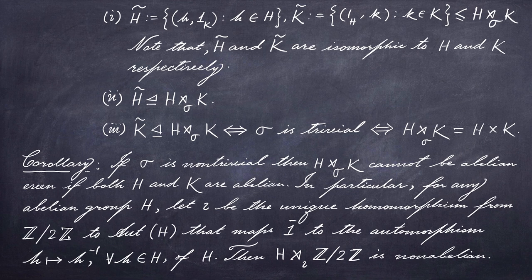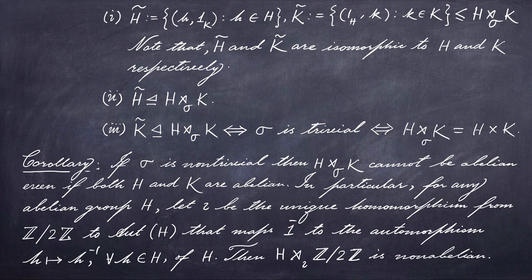The way to make the semi-direct product non-abelian is by choosing a non-trivial homomorphism. In particular, for any abelian group H, consider the unique homomorphism from Z modulo 2Z to Aut H. We have already seen that on any abelian group we have an action of Z modulo 2Z, and the group element 1 bar gives the automorphism of H that sends each h to its inverse.